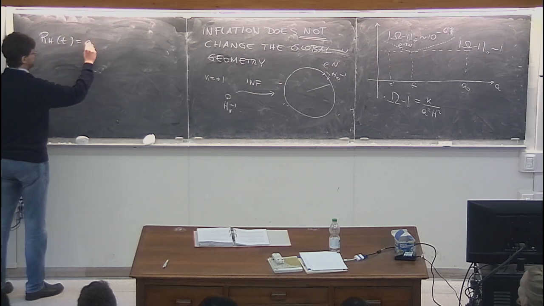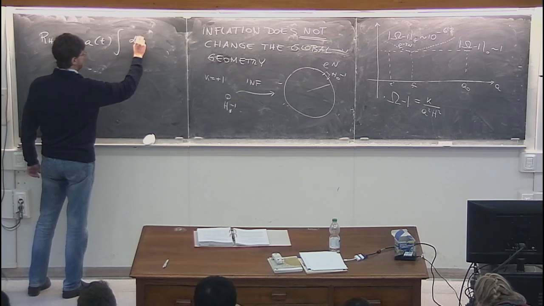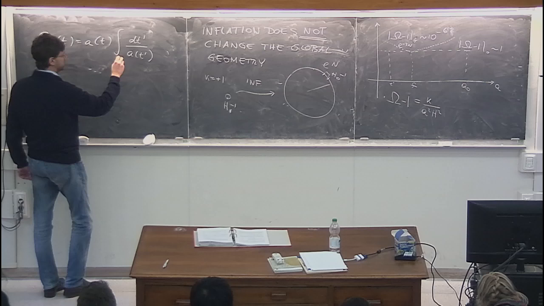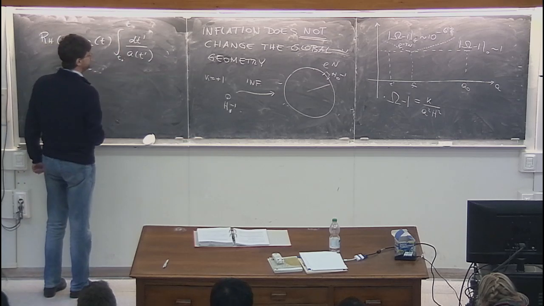If you remember, we said that this is a(t) times the integral of dt' divided by a(t'). And here I start from some t initial, let's say the beginning of inflation, up to some time t.